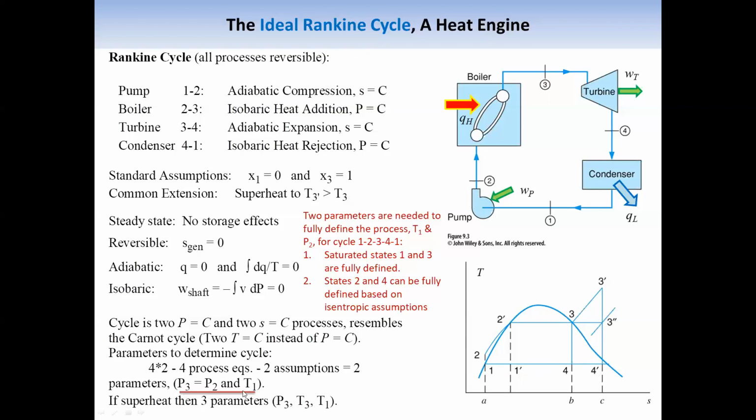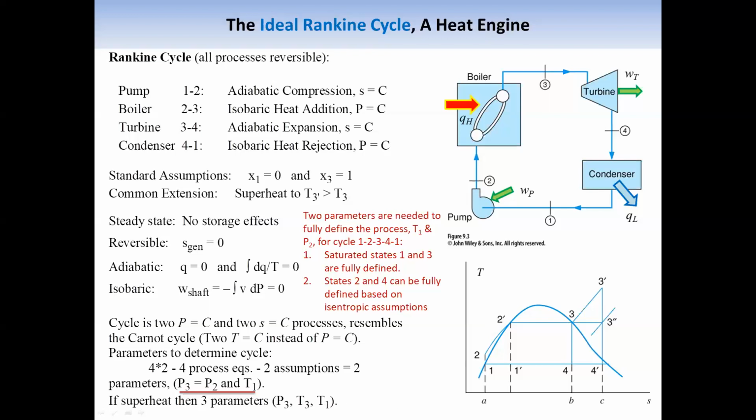So I just illustrated, if we are given T1 and P2, all 8 variables can be found. Now, we also discussed the situation where state 3 is pushed further to 3' in the superheated state. Then an additional condition will have to be given, usually T3, the temperature it reaches.